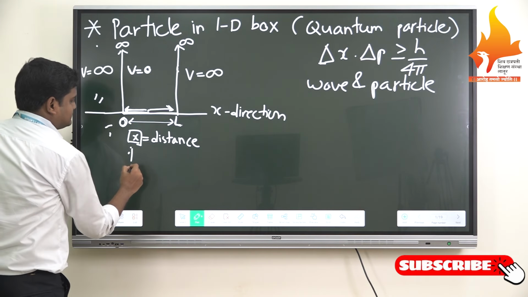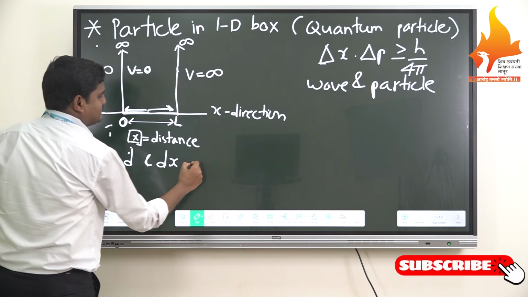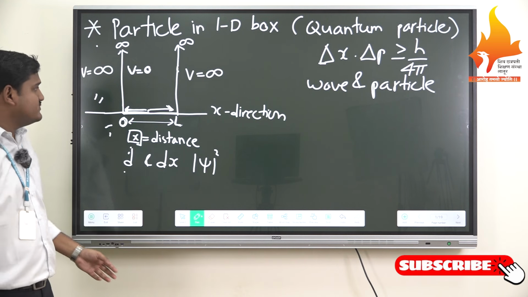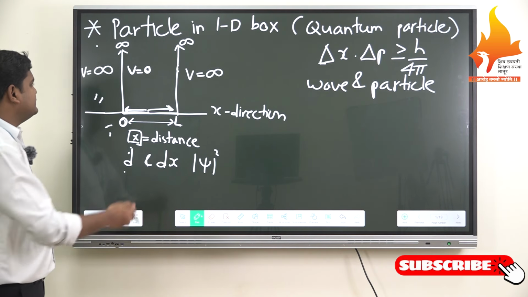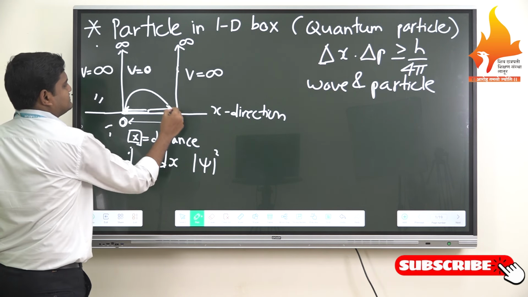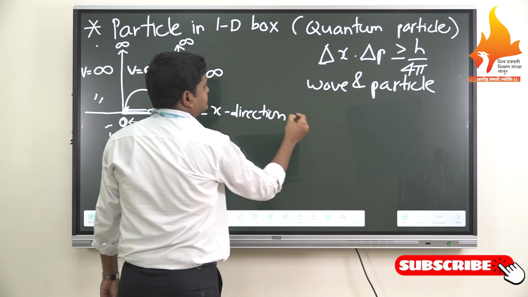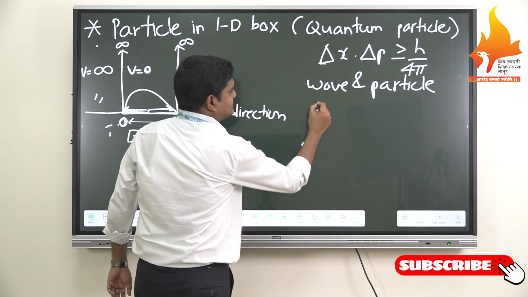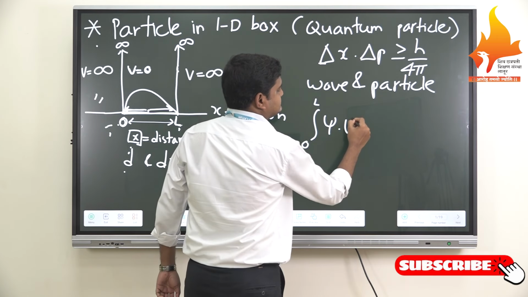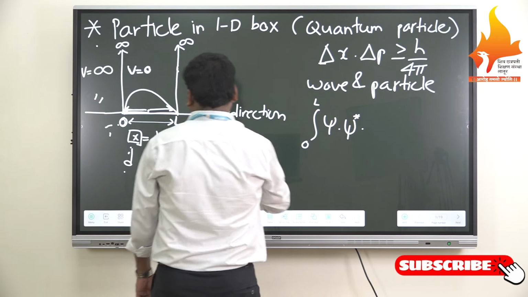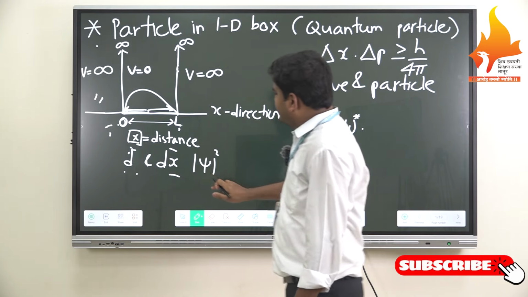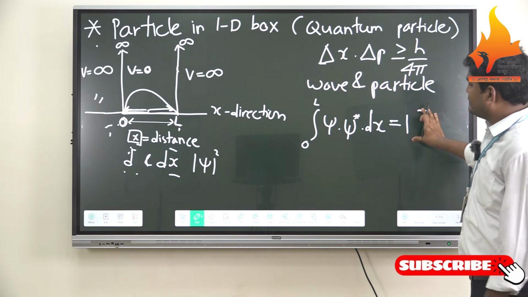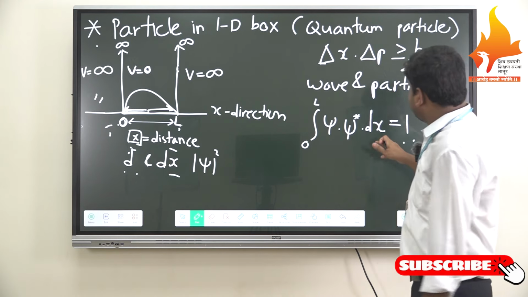So we consider the distance between x and x + dx and find the probability of the particle in that dx region. We can calculate the normalized wave equation for this particle, which equals 1. For a normalized wave function, the distance is 0 to L, so we take the integral from 0 to L of psi times psi conjugate dx, which equals 1.